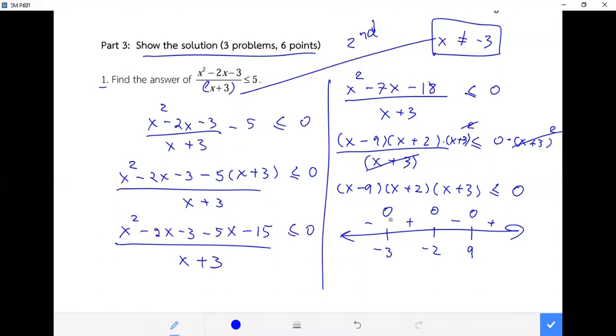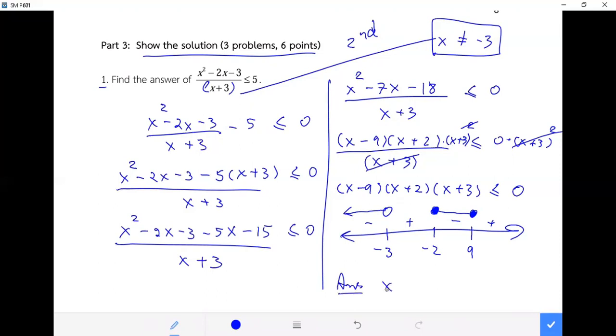But anyway, x is not negative 3, so here you will leave it as an open dot. And then for the negative zone, let's go for the negative zone. Then I want to get the answers.